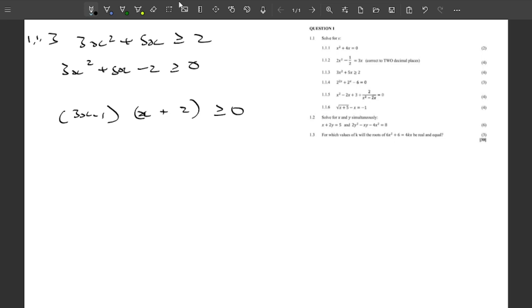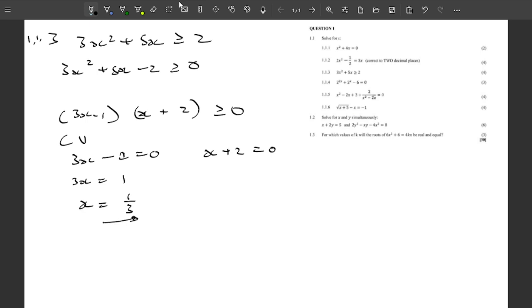From here on, we can now write the critical values in order for us to write the equal sign and equate both of these factors to 0. So 3x equals 1, since I took the negative 1 to the other side, or added plus 1 on both sides, and I'll be left with x equals 1 over 3.